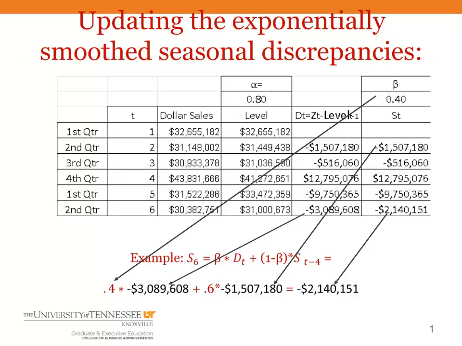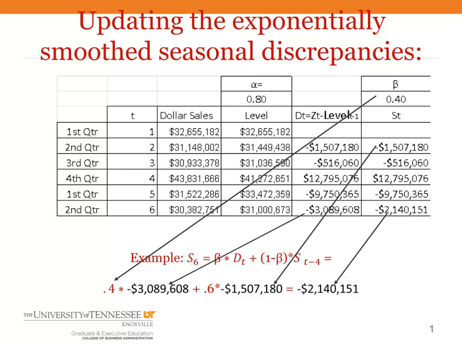So it's not until period 6 that we're ready to start updating. Now the smoothing parameter that I use to update my discrepancies we're going to call beta, and we are here using a beta of 0.4. Ordinarily beta will be found using solver. In this case I just arbitrarily chose 0.4, and I'm going to weight 0.4 times the current discrepancy that I've computed, and that discrepancy was computed by taking the actual from the level that we have.